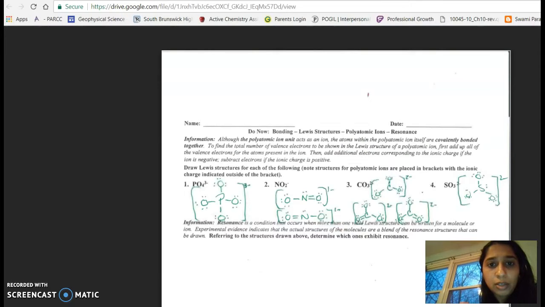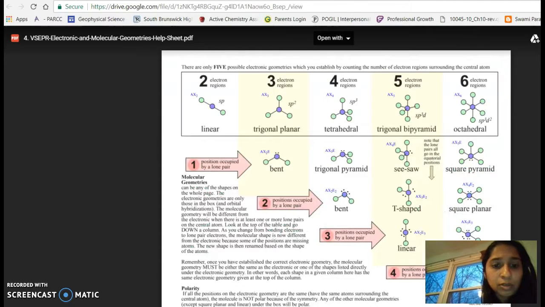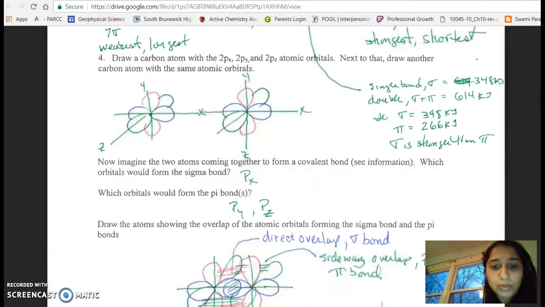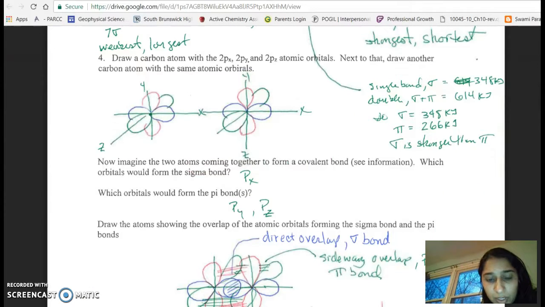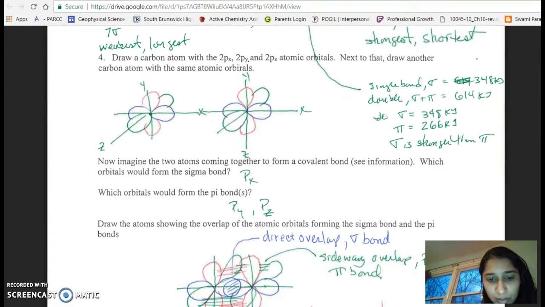Okay, let's go back here. You see that there is an overlap between the green and the red, and then this and this. And that's what you wanted to show.